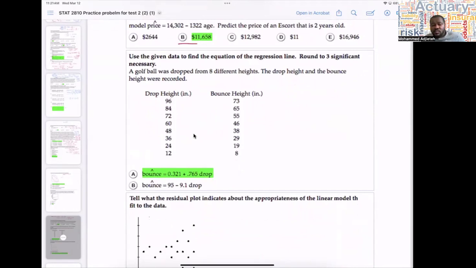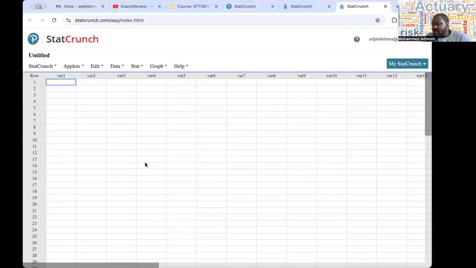Let me try and open my StatCrunch, and then we will do this problem in StatCrunch. So there we go. This is my StatCrunch.